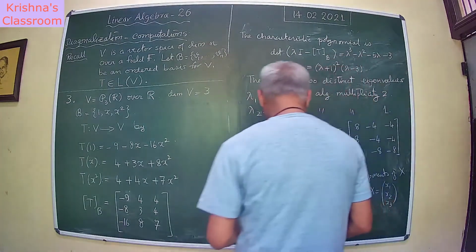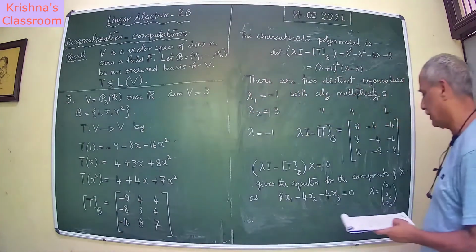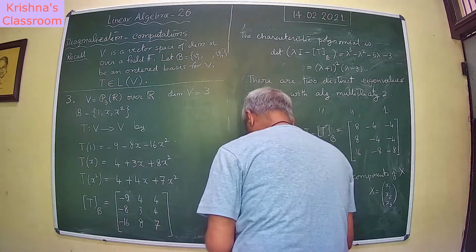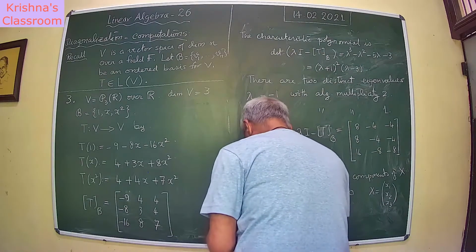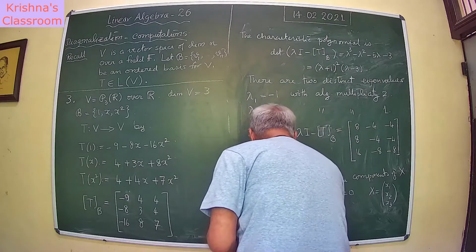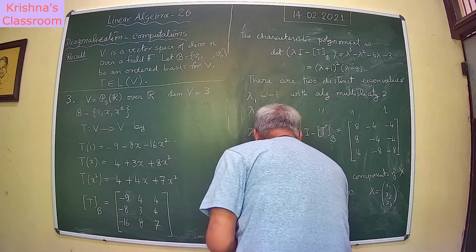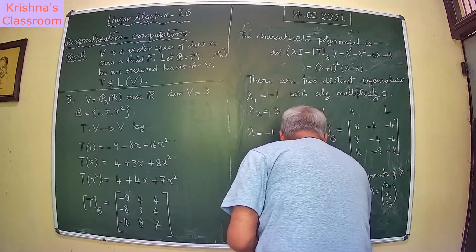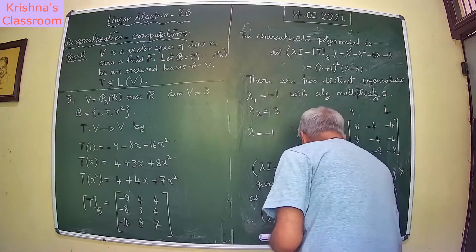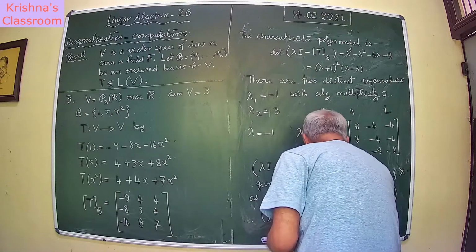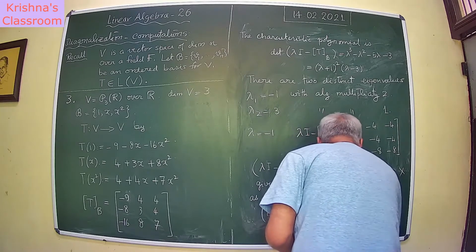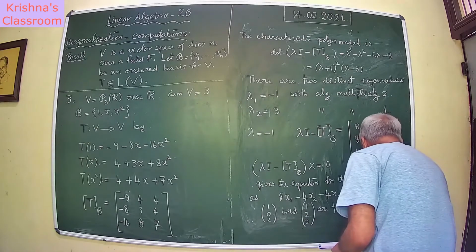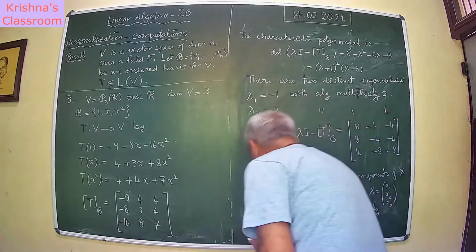So this gives essentially 2x1 minus x2 minus x3 equal to 0, and you see that one, 0, 2, and the other give independent solutions.